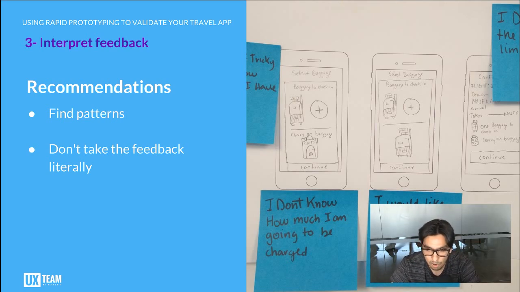So 4 people said that, and it's very recurrent feedback, so we need to pay attention to that, instead of having just one user saying that he doesn't like the color of the background because it's not his favorite color. That won't serve us to change or improve the application, because it's subjective, and that's why we don't need to take feedback literally.